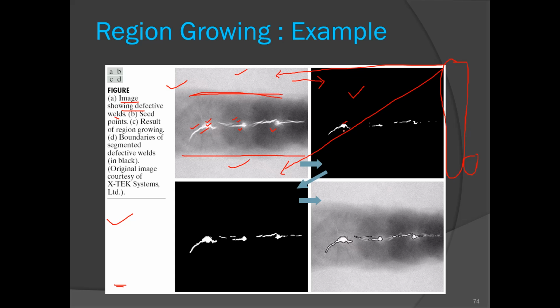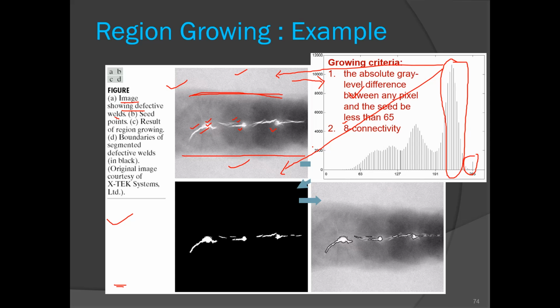Now the next step is to grow regions surrounding these seed points. What is our criteria? Our predicate is that the absolute gray level difference between any pixel and the seed should be less than 65. So the pixels surrounding those seed points should have intensity values from 255 minus 65 to 255, which is 190.